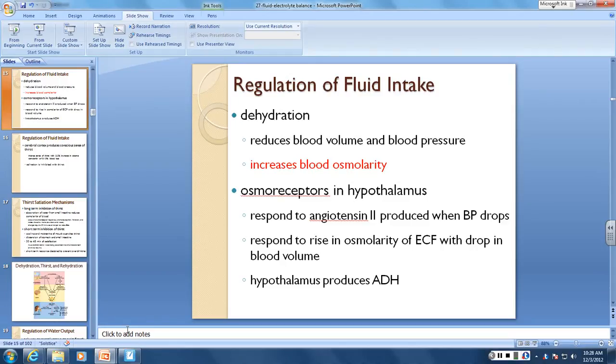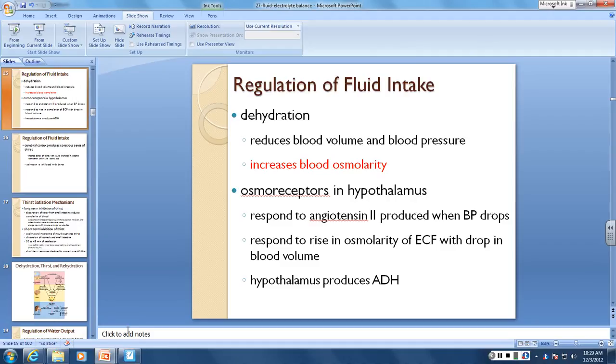Okay? And we have osmoreceptors in the hypothalamus. And those osmoreceptors respond to changes in osmolarity. They're also going to respond to angiotensin II, which is produced whenever blood pressure drops. And so there's always a concern when blood pressure drops too low.